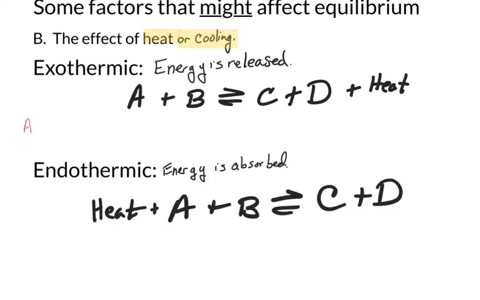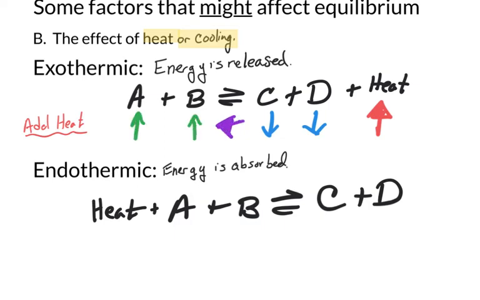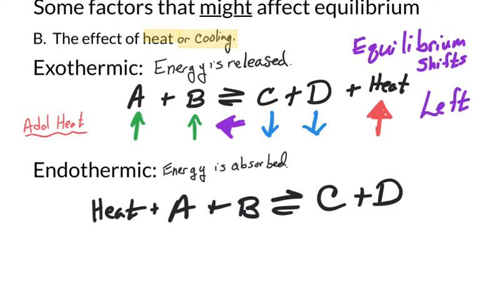First, we'll look at the exothermic reaction where heat is a product. If we add heat to the system, we're going to see that C and D will both decrease because they're going to try to fix what the added heat was. So we're going to try to fix that, and that means that the equilibrium will shift to the left, creating more A and B, creating more reactant. So we have a shift to the left if we add heat to an exothermic reaction.